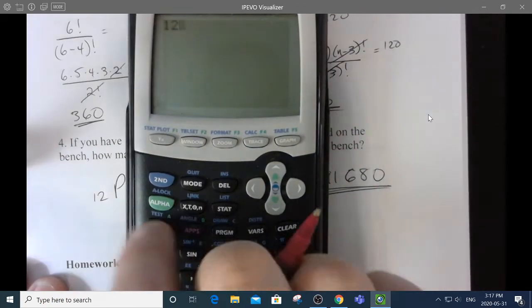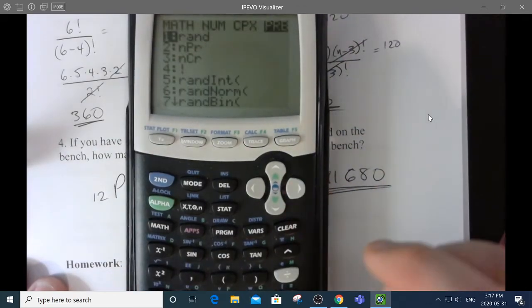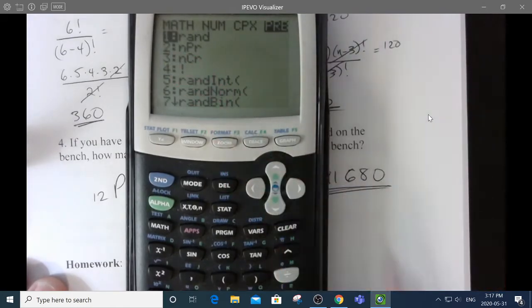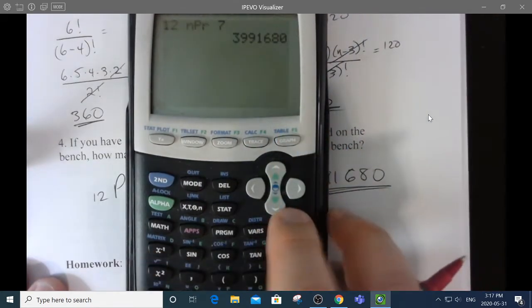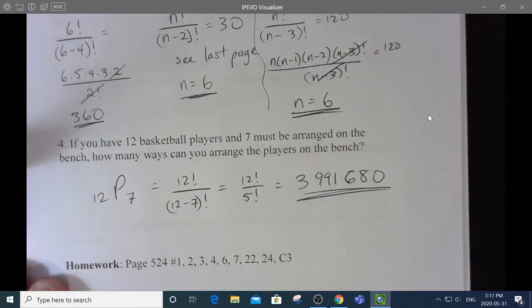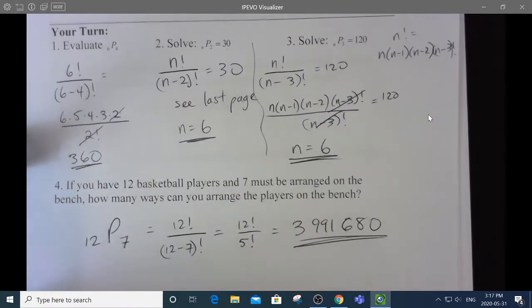So 12, math, probability, and it's the second choice. It's number 2. So there you go. 12 perm 7. Ta-da! And there we go. Okay. So that's permutations.